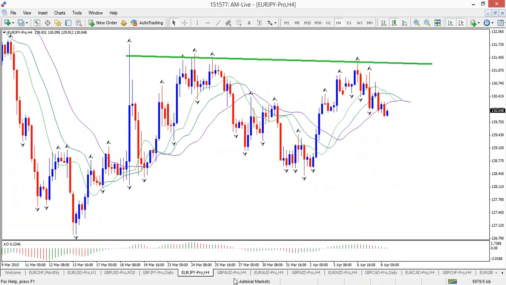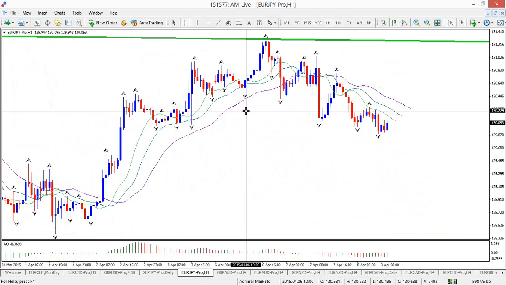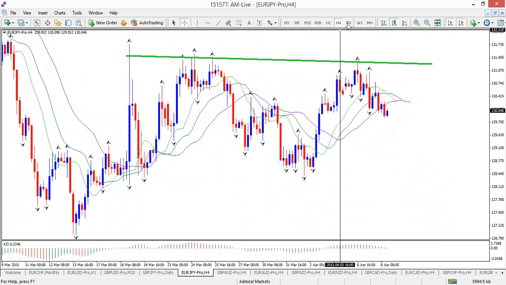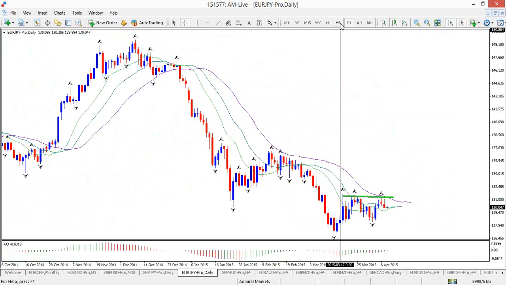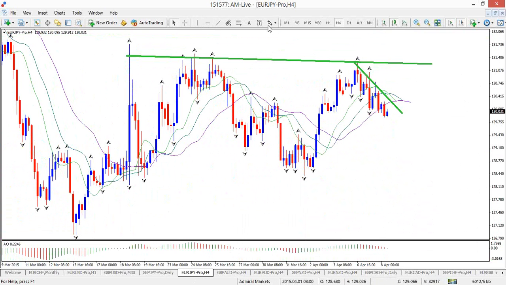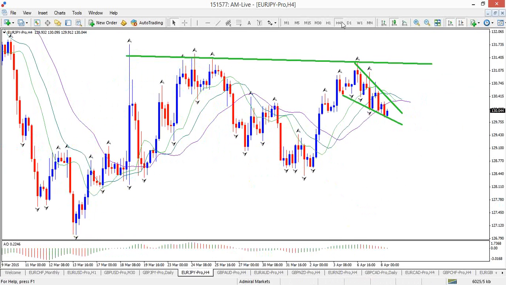Euro yen, not too big of a fan of it. It's a small kind of falling wedge, and there doesn't seem to be, on the daily the trend is down, but the 4-hour I would say is just a consolidation.